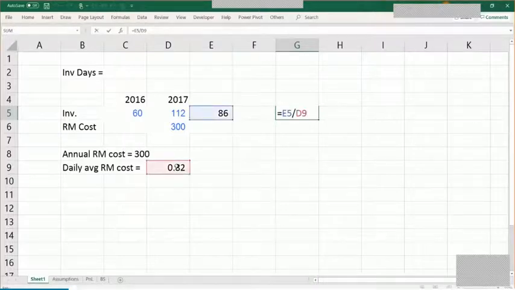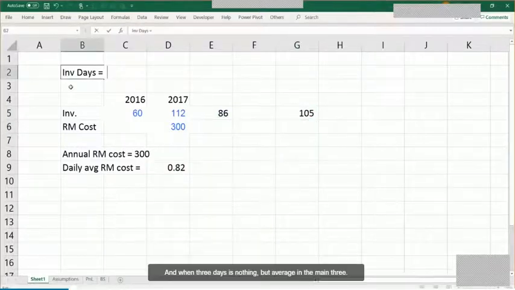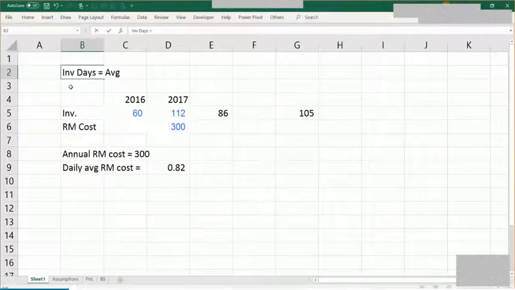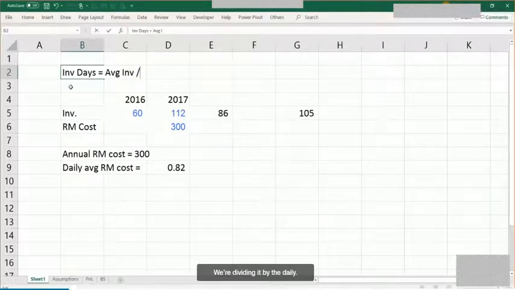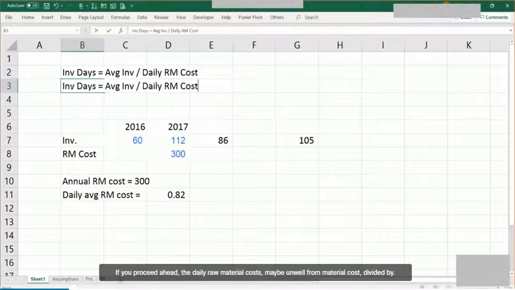So what are we doing? If I show you the logic behind this, we are taking the average inventory. Inventory days is nothing but average inventory, and we are dividing it by the daily raw material cost. Now, if you proceed ahead, the daily raw material cost is basically the annual raw material cost divided by 365.